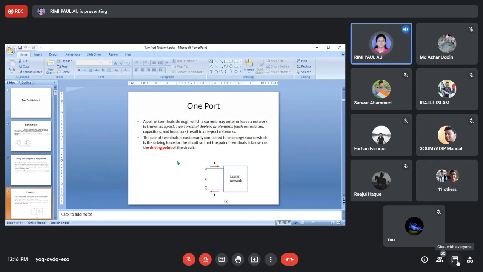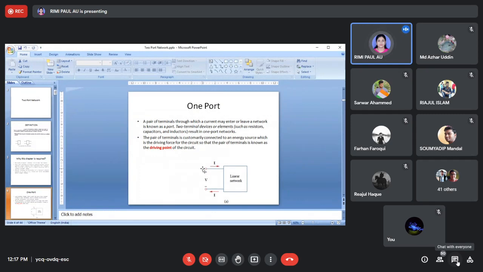The source also has a pair of terminals, known as the driving point. The pair of terminals is customarily connected to an energy source, the driving force of the circuit. If I connect a voltage source here, then we get current. So this driving force is known as the driving point of the circuit.